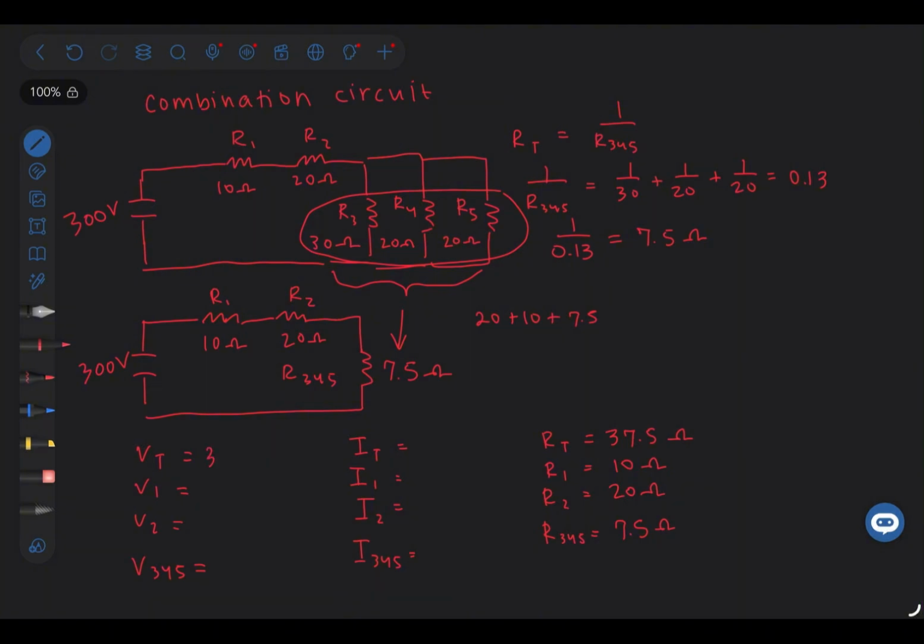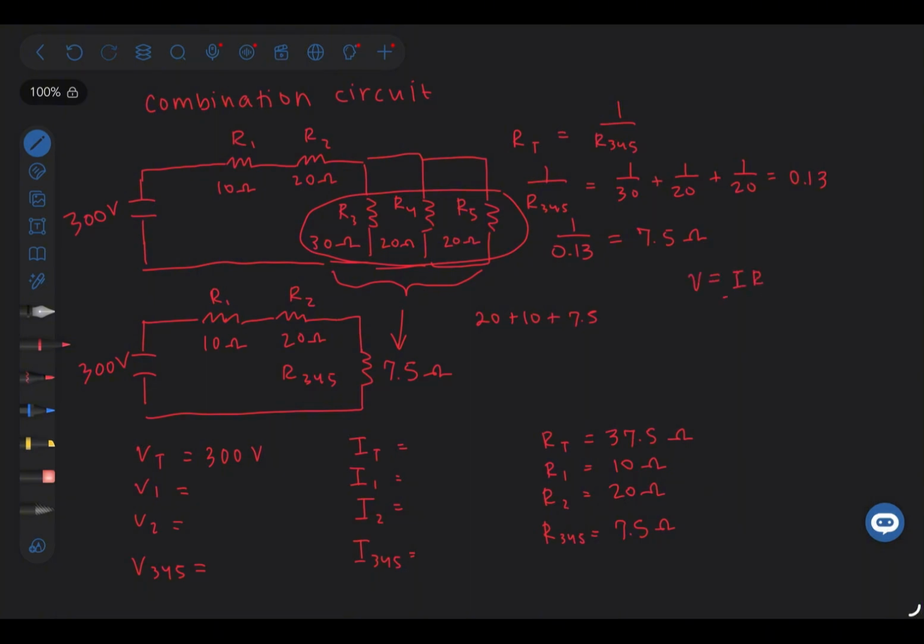We know the total voltage is 300 volts. And now we are going to calculate I, as well as the remaining voltages. Okay, so V equals IR.